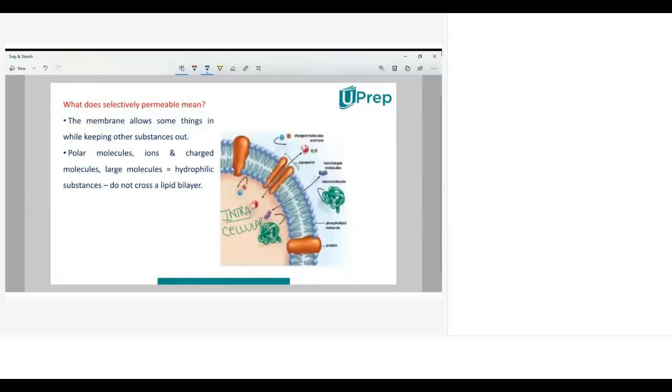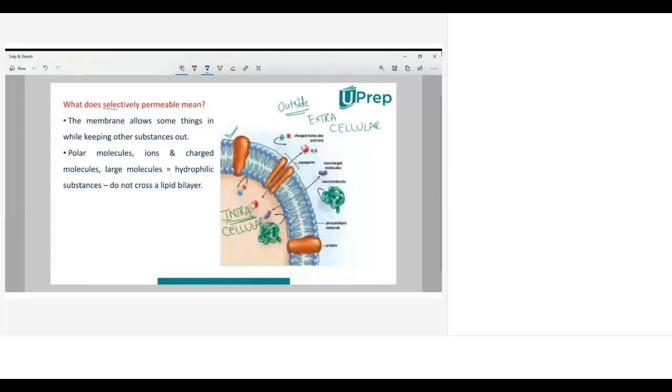Here intra is inside the cell, and this is the plasma membrane, the double layer plasma membrane. And outside the plasma membrane, the outside environment of the cell, we call it extracellular. So this is the outside environment and this is the inside environment. Between these two environments of the cell, you'll find the plasma membrane.